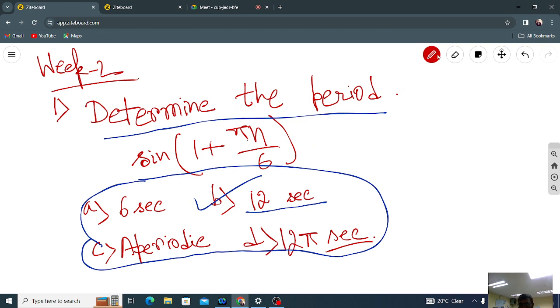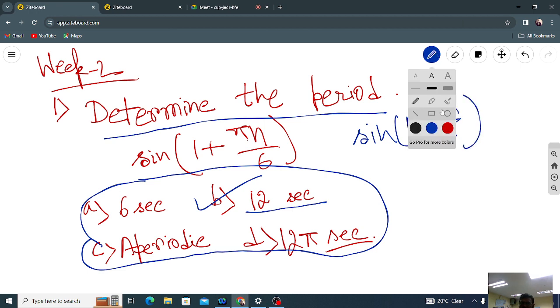So the main fundamental thing was that we have to equate 1 plus pi n by 6, sorry, let me write in terms of a function.